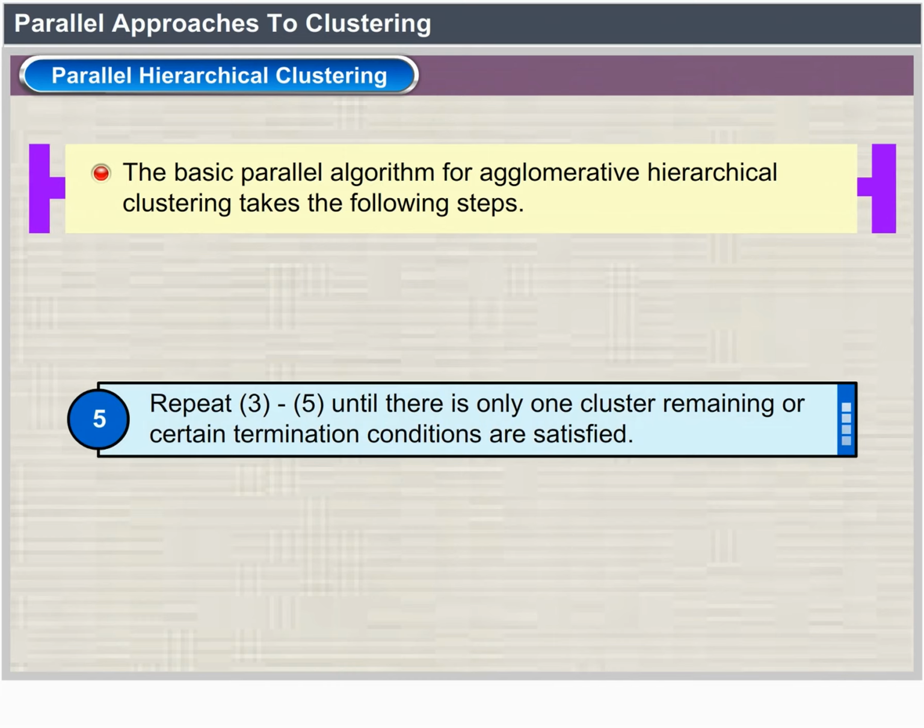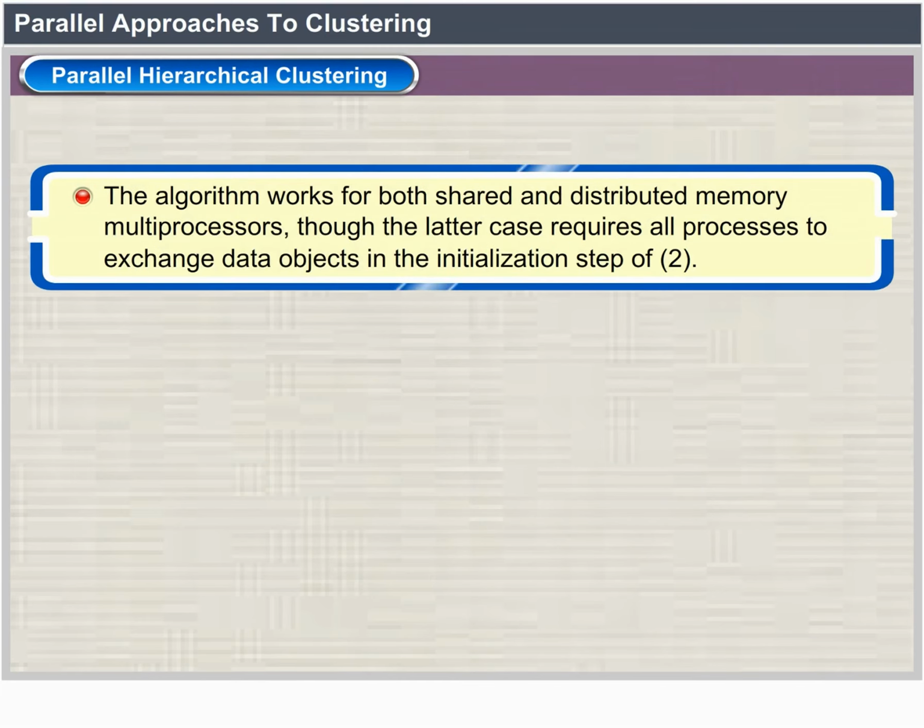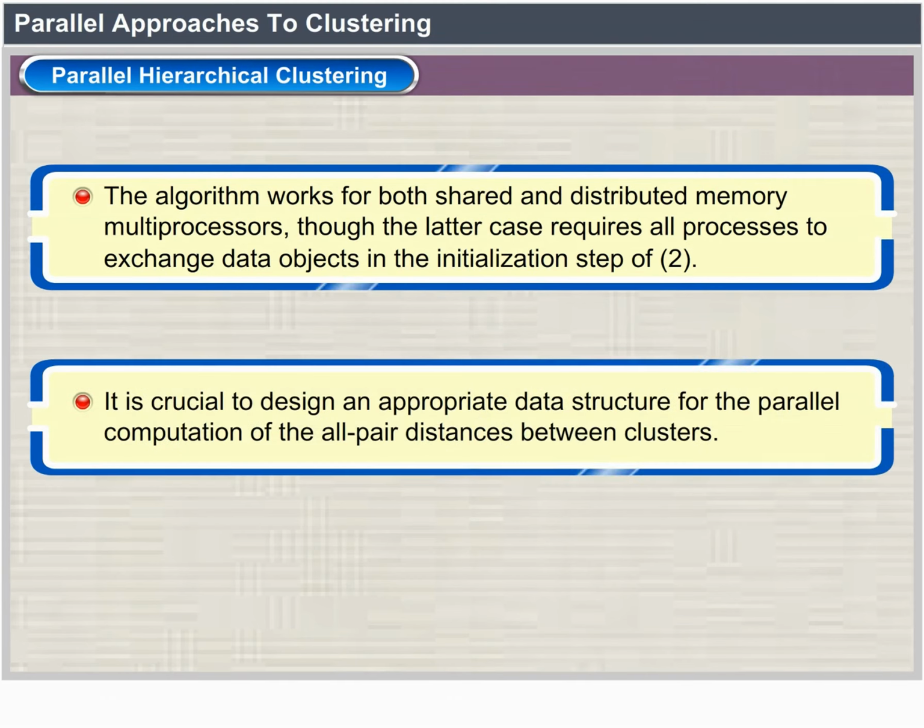The algorithm works for both shared and distributed memory multiprocessors, though the latter case requires all processes to exchange data objects in the initialization step of 2. It is crucial to design an appropriate data structure for the parallel computation of the all pair distances between clusters.